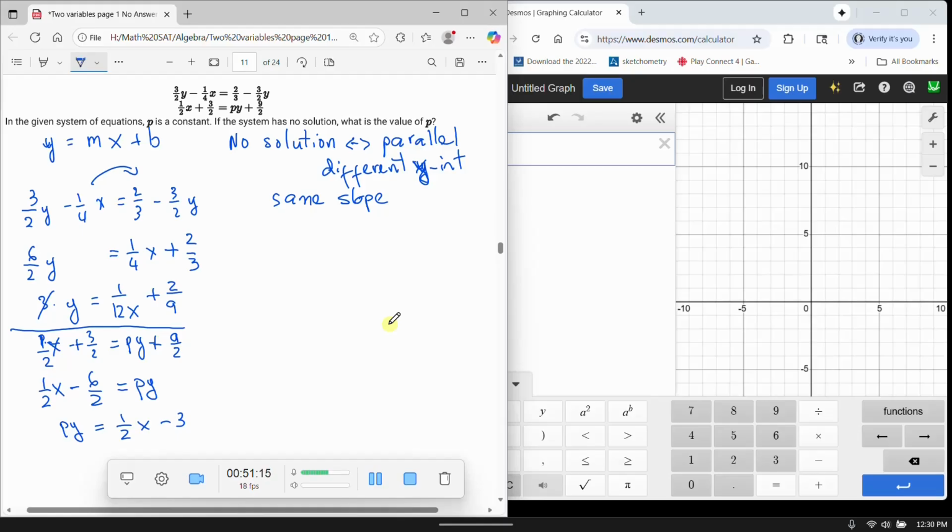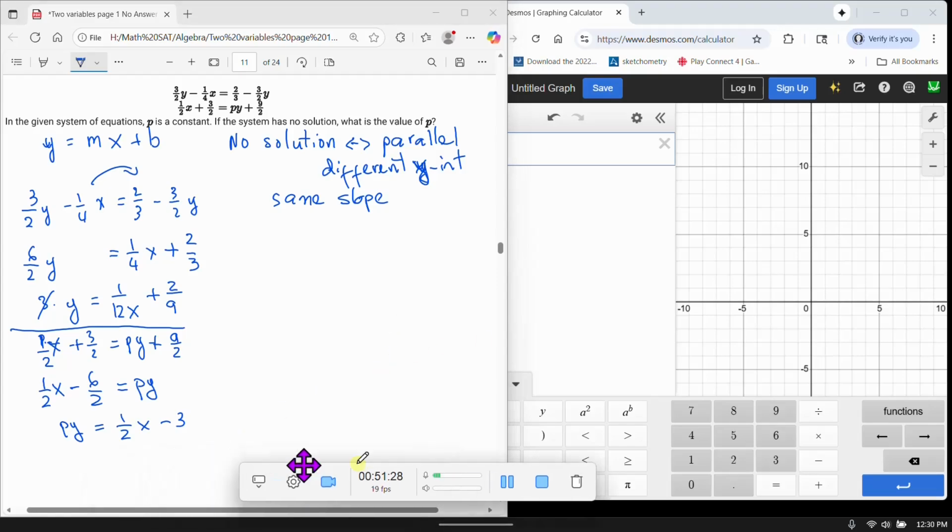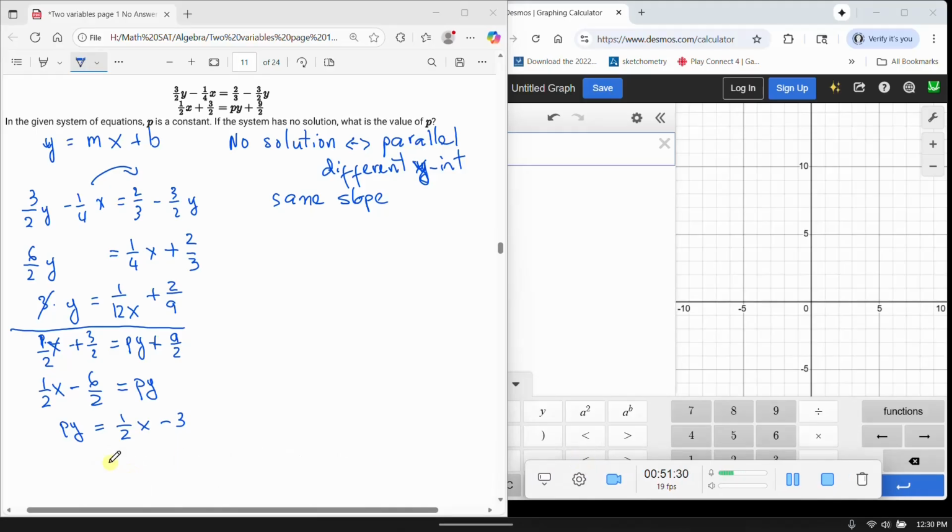The p cancels out, and the p is going to be on the bottom of this equation. Okay, so I'm going to divide both sides by the p. So y equal to 1 over 2p x minus 3 over p.